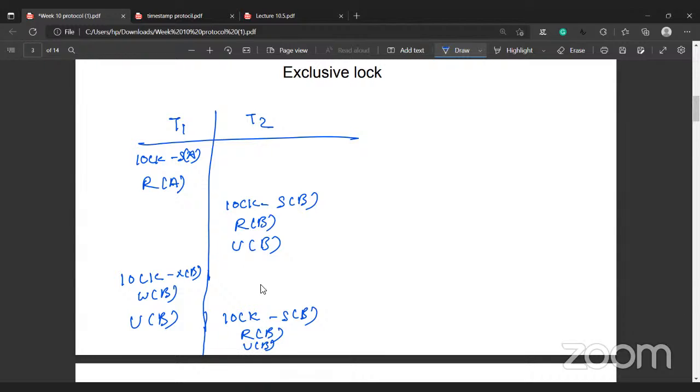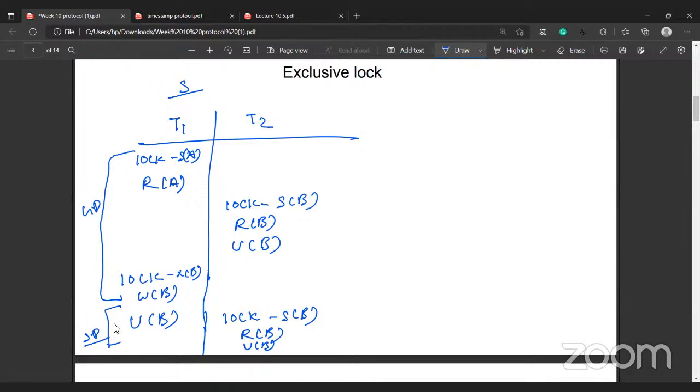So does this schedule follow the two-phase locking protocol? No, sir. Can you explain why? Sir, first is a growing phase in T1, and then the shrinking phase.